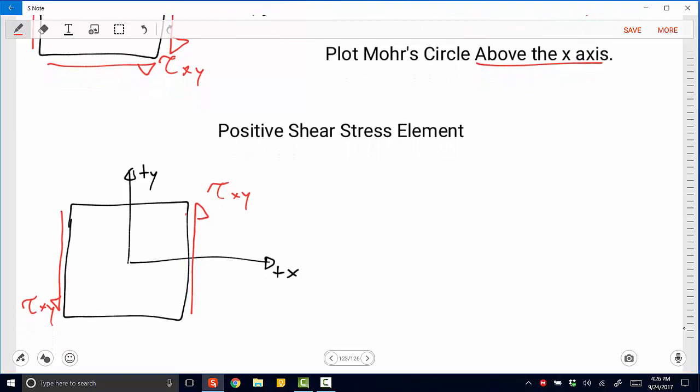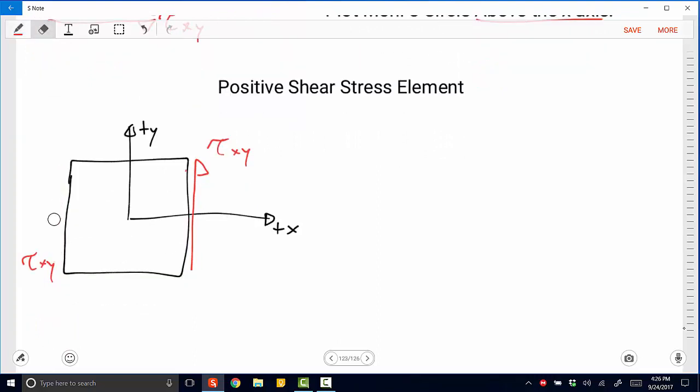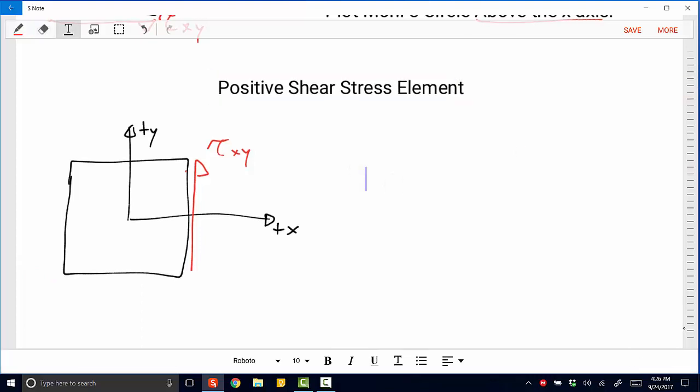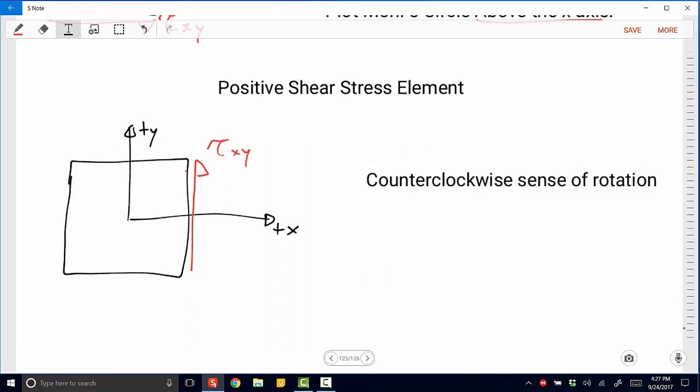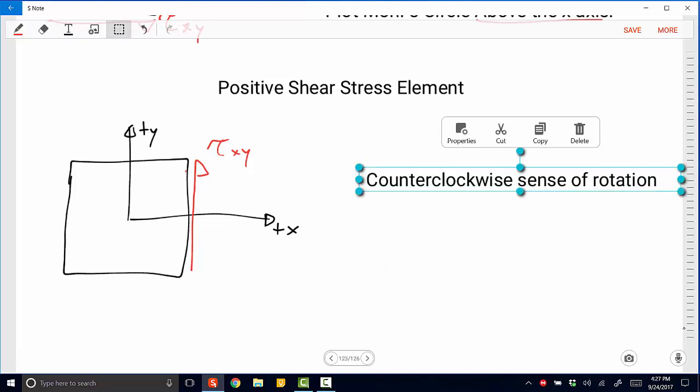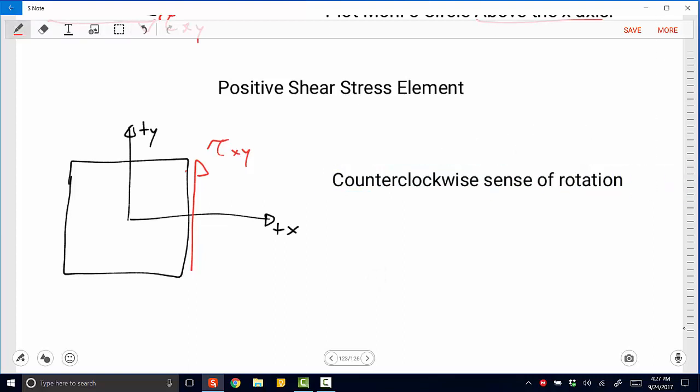And before we even draw this, let's consider what sense of rotation this single shear produces in our element. The sense we get is a counterclockwise sense of rotation on that positive x.